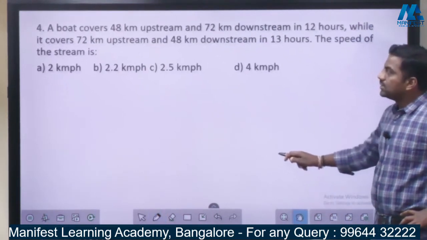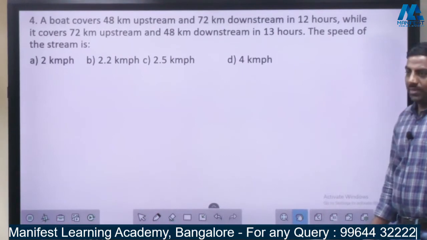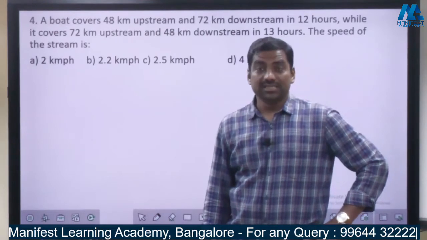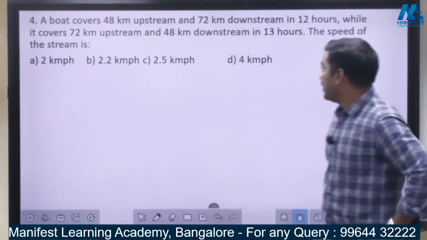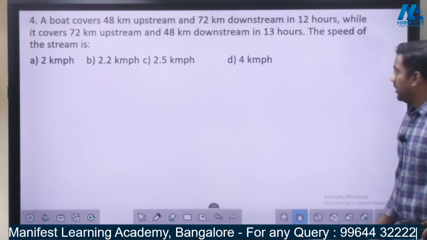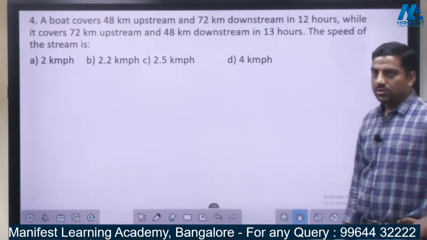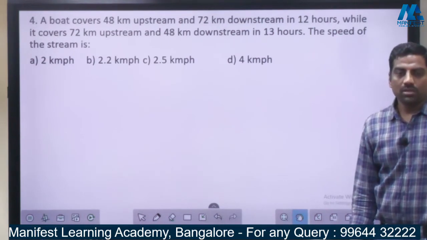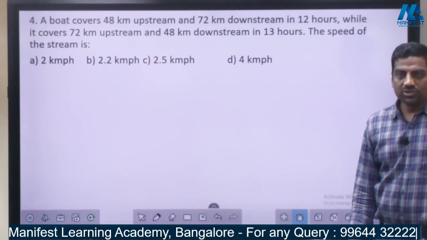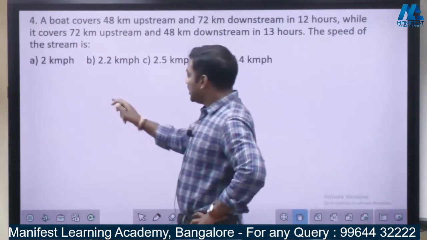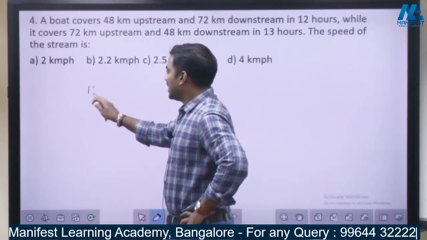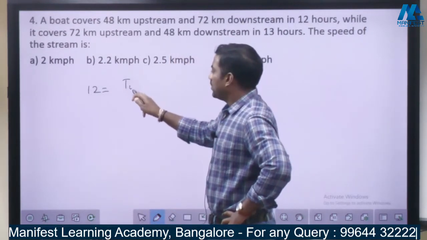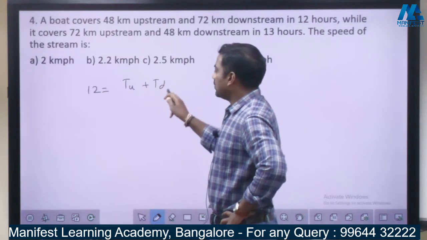A boat covers 48 kilometer upstream. So what is this 48 kilometer? Distance in the upstream. And 72 kilometer downstream in 12 hours. So what is this 12 hours? Time taken for both upstream and downstream. So how do you write the equation? This 12 hours is nothing but the time taken in the upstream plus time taken in the downstream.